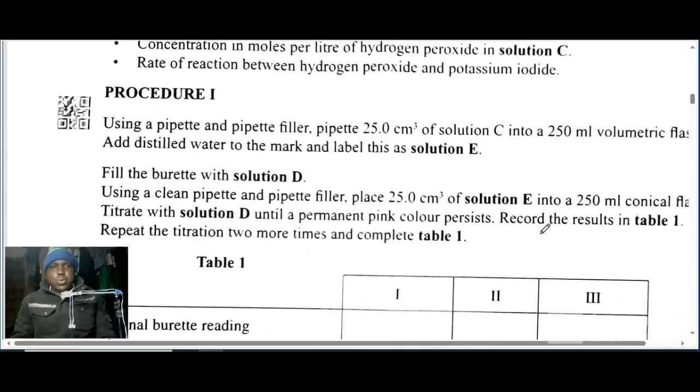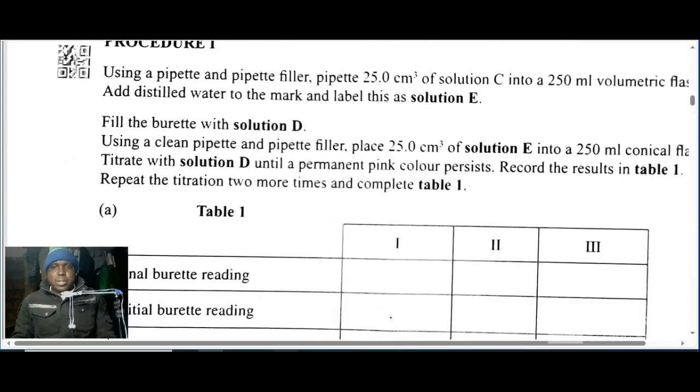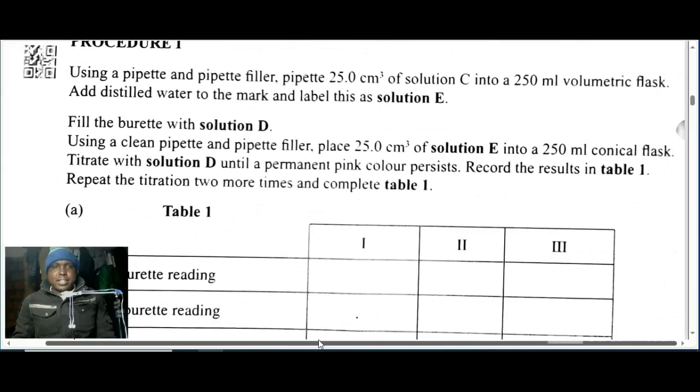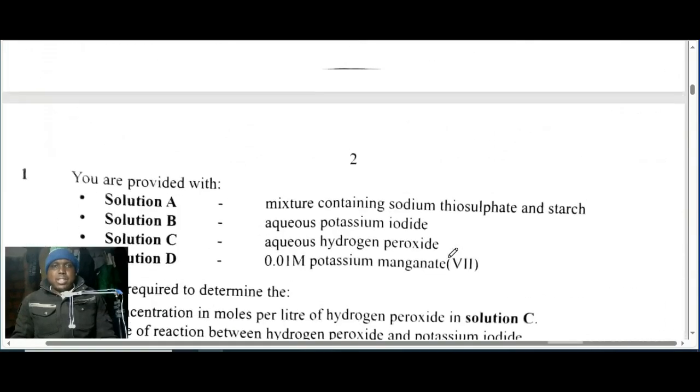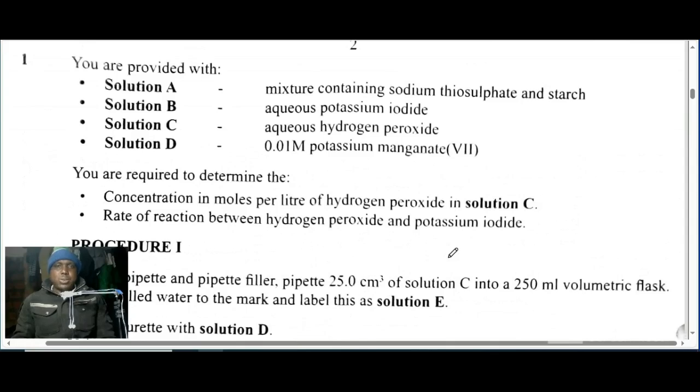So let us go through procedure 1, where we have the titration part of it. One thing I want to explain here is about when you are given something like 0.01 capital M. What it means is that it is the number of moles in 1 liter.